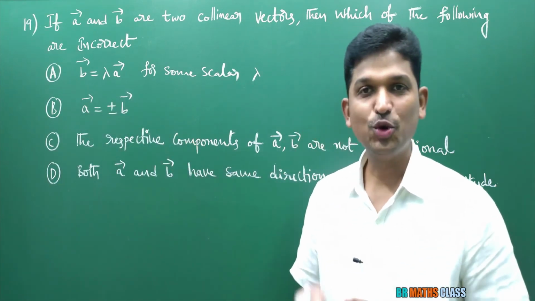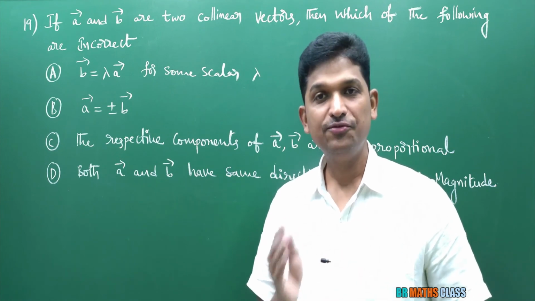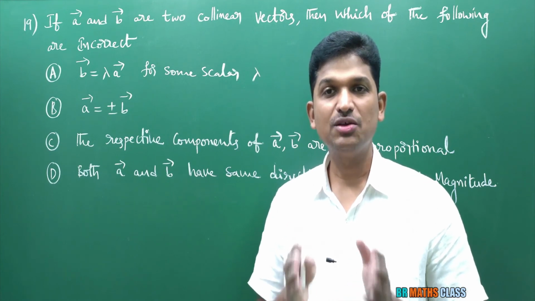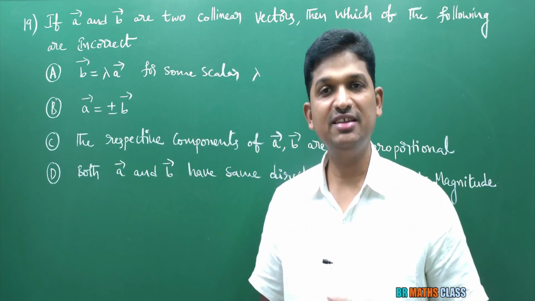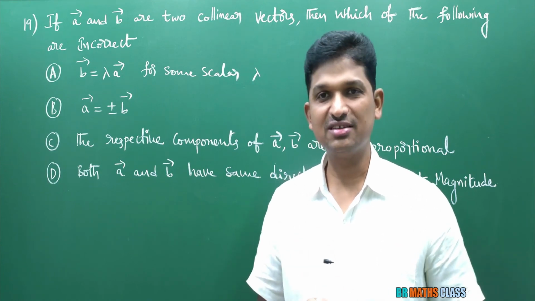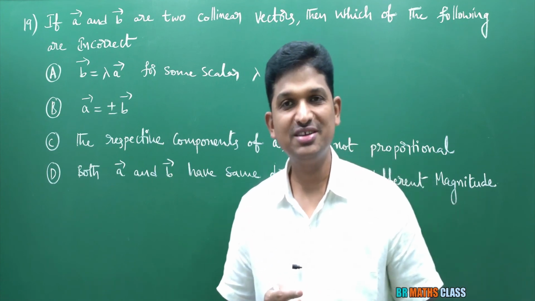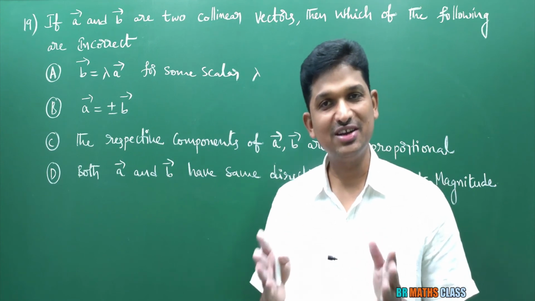You know that collinear vectors are also known as parallel vectors. How we prove two vectors are collinear? If we express one vector as scalar multiplication of other vector, then we can say that the vectors are collinear vectors. This you learn in the definition of collinear vectors.